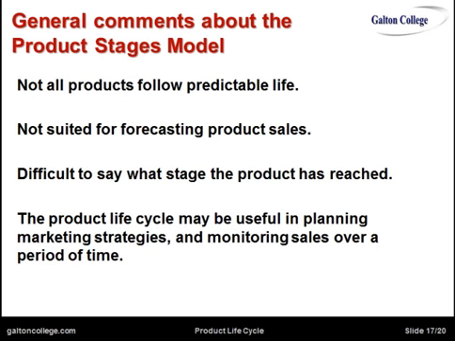It is just a model showing four stages of development: introduction, growth, maturity, and decline. It's not used for forecasting, and it shouldn't be used for forecasting. It would be quite dangerous if it was.